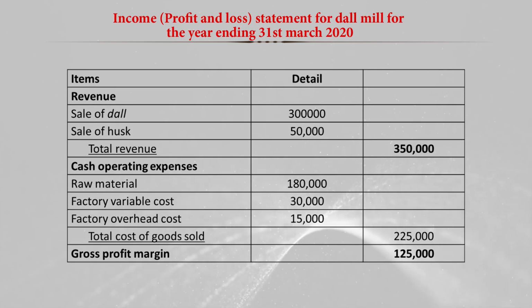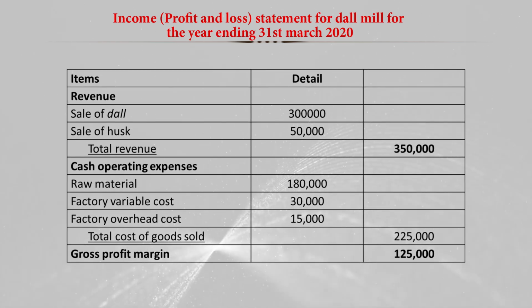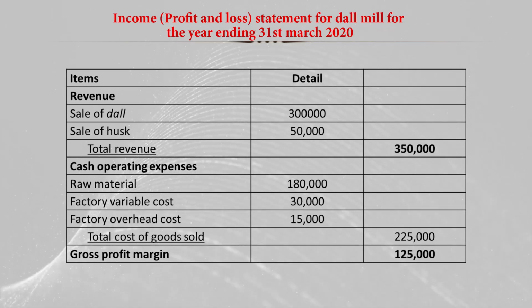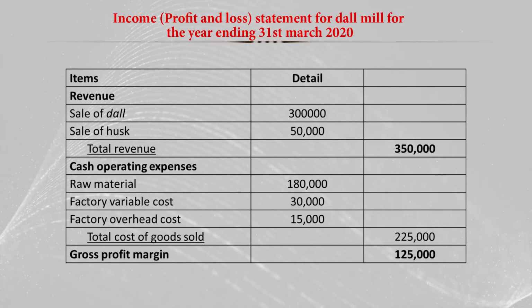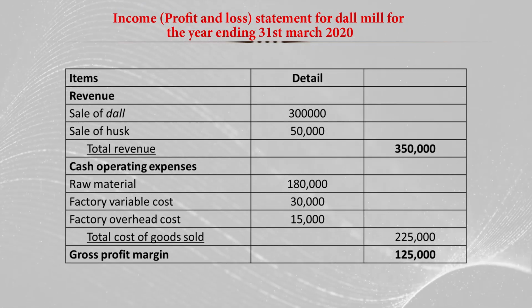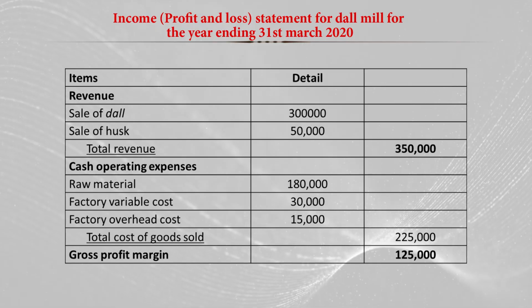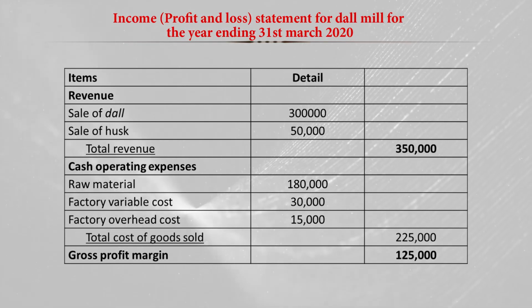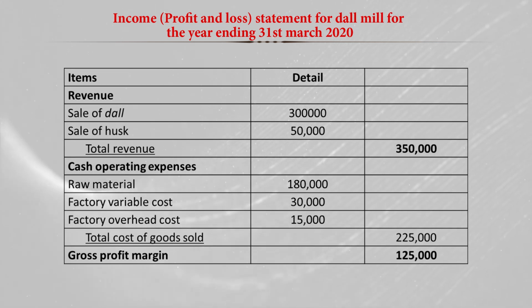So here the total cost of goods sold becomes 2,25,000. That is, 1,80,000 plus 30,000 plus 15,000 comes to 2,25,000.